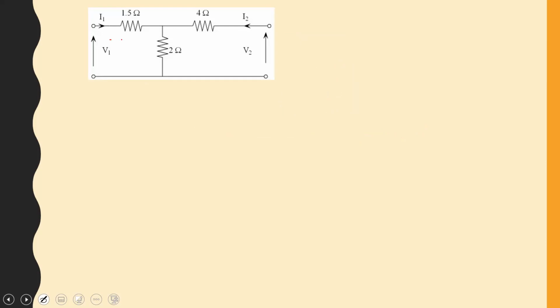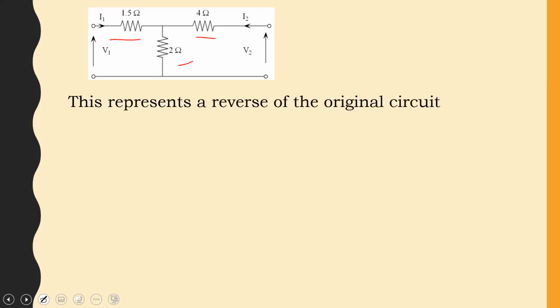We now have to maintain the 1.5, the 2, and the 4 in that order. There are some things that you can pull from this, but I am going to go through the entire analysis for your benefit.